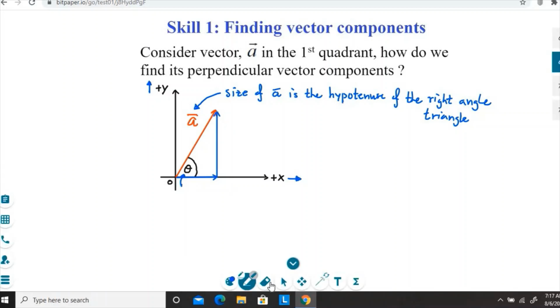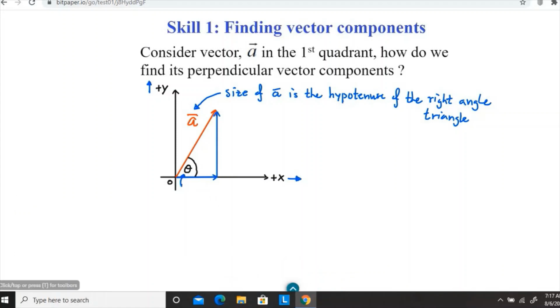Now let me label these vectors: Ax vector and Ay vector. You can clearly see that Ax vector and Ay vector are arranged head to tail along the sides of the right angle triangle. So as a result, I can write A vector is equal to the vector sum of Ax vector plus Ay vector.